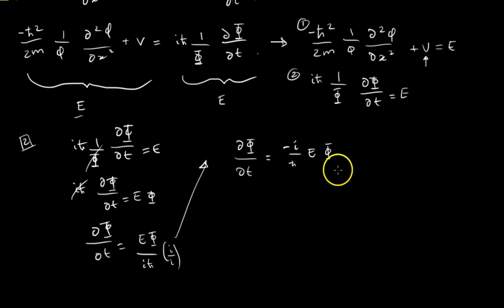And if you've ever seen this before, we have a partial with respect to time of Phi is equal to some constant times the actual function. And this is a commonly found solution because we know the solution already. We just integrate both sides and we get that Phi is equal to e to the i E t over h bar.